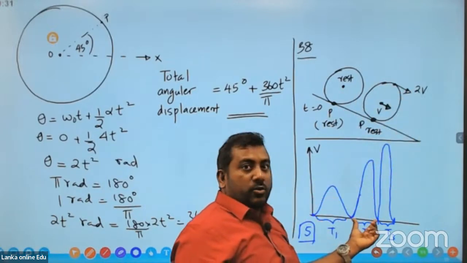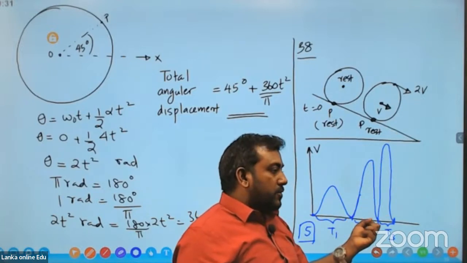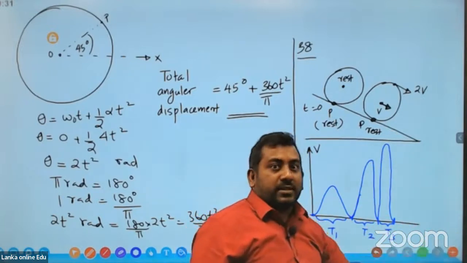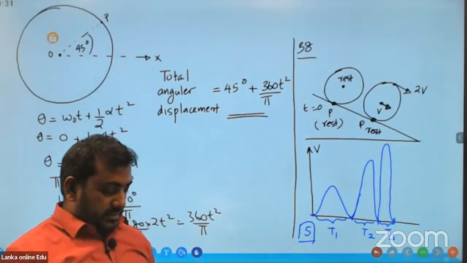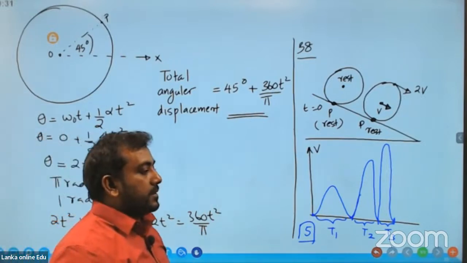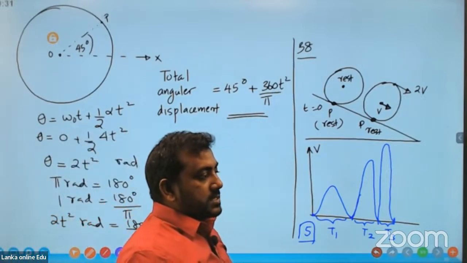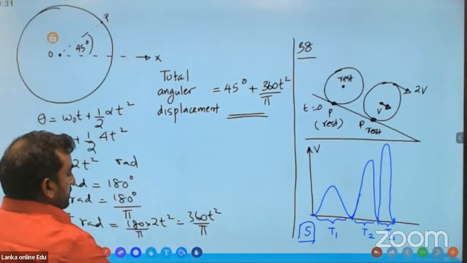So time taken to go a full circle will reduce. Time taken to go a full circle reduces means this time gap will keep on reducing. Because the angular acceleration will be large. Right?